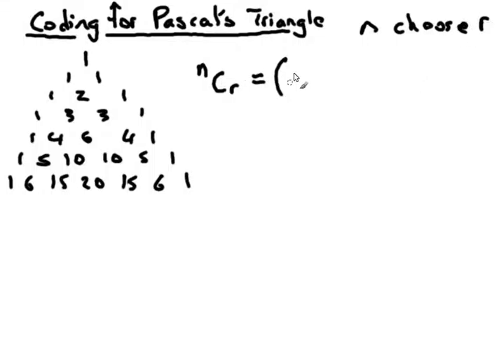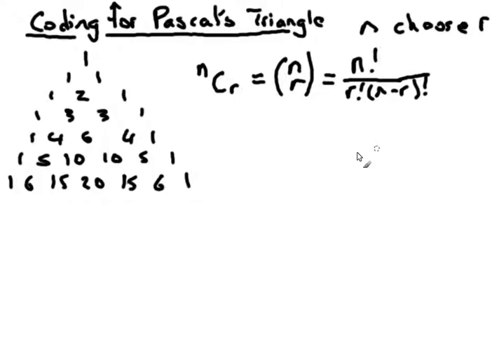It's sometimes written as a vector, n r like that. You can use either type, but the formula for it is the following: n factorial over r factorial times n minus r factorial. Looks quite intimidating because of the factorial sign in it, but remember factorial simply means, well, for example 6 factorial would just mean 6 times 5 times 4 times 3 times 2 times 1.